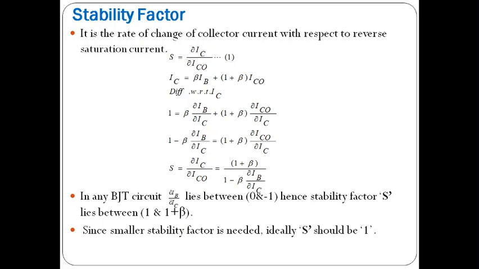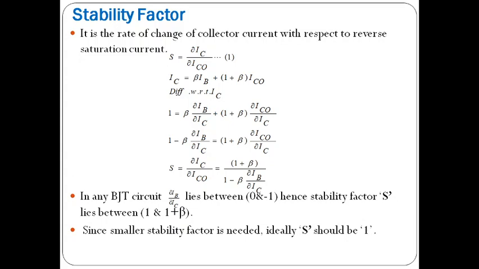So here I am taking the stability factor S, which is nothing but dou IC by dou ICO. It is equation number 1. We know IC equals beta IB plus 1 plus beta ICO in the CE amplifier. So we are differentiating with respect to IC. Now dou IC by dou IC equals 1 equals beta dou IB by dou IC plus 1 plus beta dou ICO by dou IC.